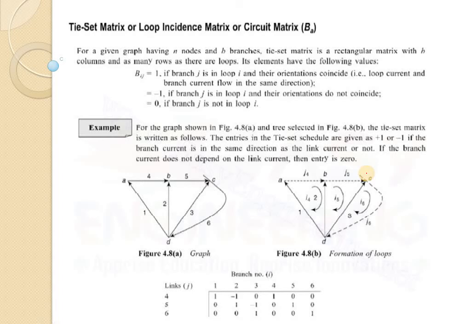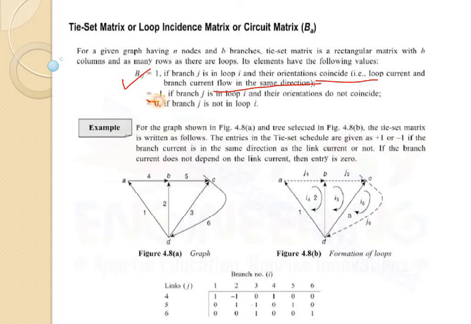Its elements have the following values: Bij equals 1 if branch j is in loop i and their orientation coincides, that is, the loop current and branch current flow in the same direction.